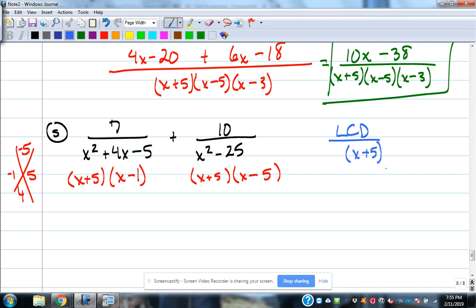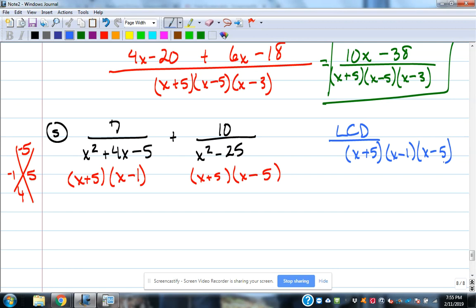Then I need one of everything else. What's the everything else? There's an x minus 1, and this one has an x minus 5. So I need one of each of those. So my least common denominator has got to be that.